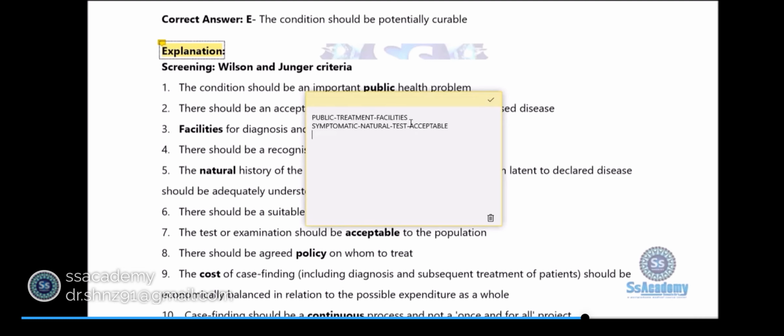And next, policy, cost, continuous. So these are the three groups of words that you need to know, my dear. This is a double star topic.